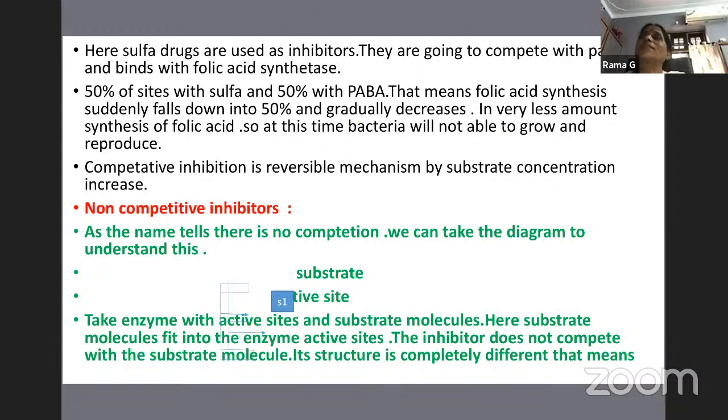That means it changes its shape along with the active site. As a result of this change in shape, substrate molecules cannot fit in the active site of the enzyme. So an enzyme substrate complex will not be formed, and it cannot dissociate into end products. As a result, the total reaction is halted and there is no formation of end products.